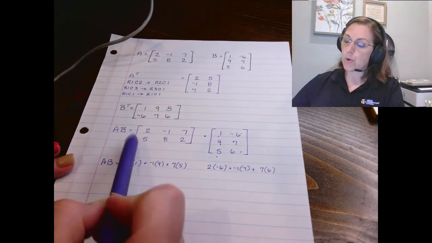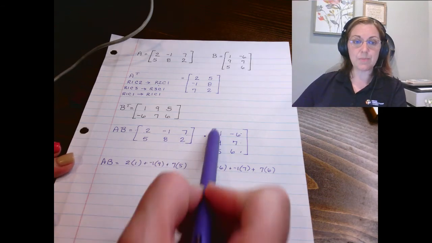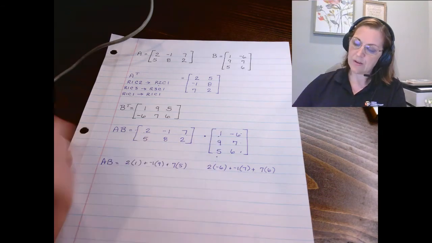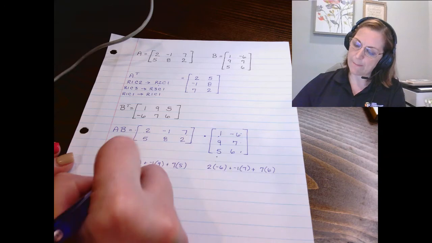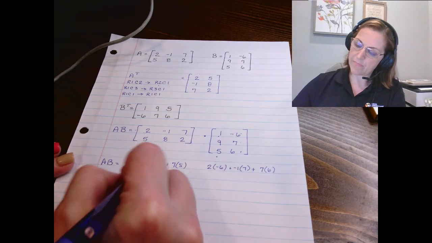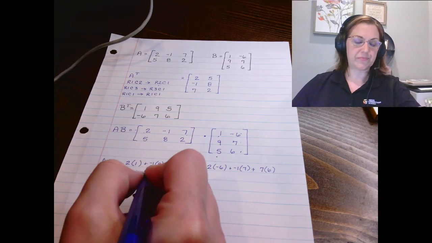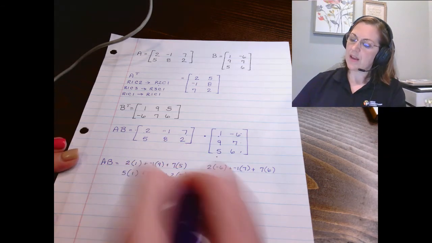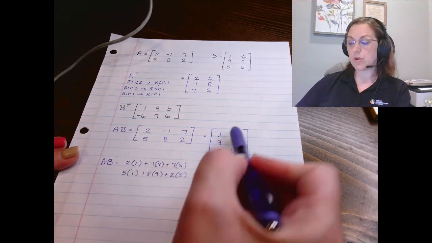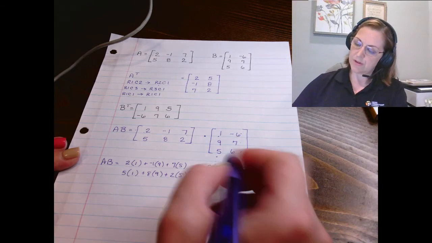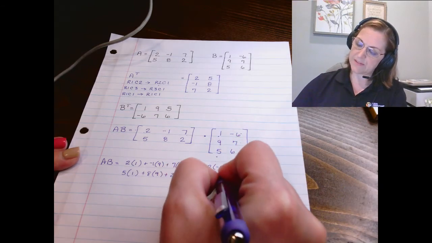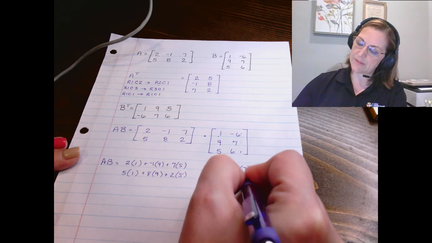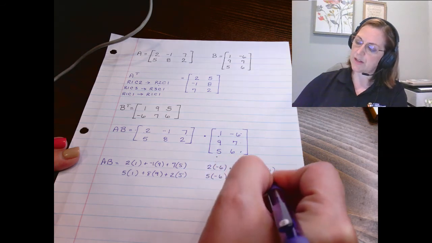Okay, let's do row 2, column 1. And then we'll do row 2, column 2. So that would be 5 times -6, 8 times 7, and 2 times 6.